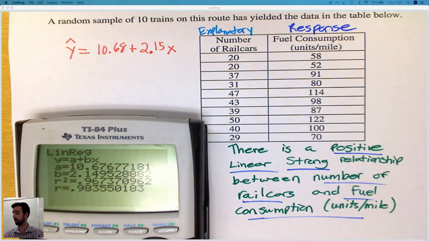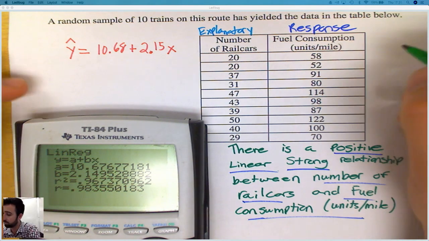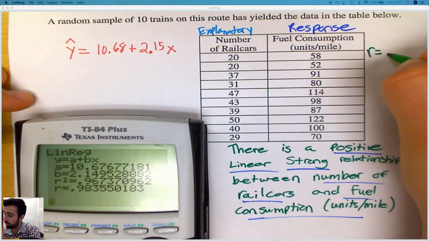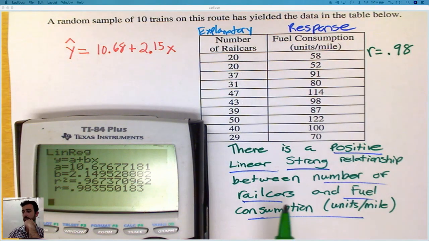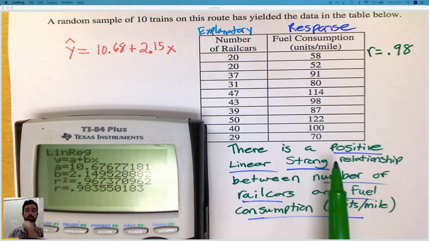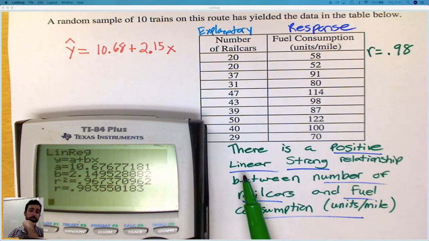We also have our R value. R equals 0.98, which helps us confirm that there's a strong relationship, that it's positive, and that it's linear.